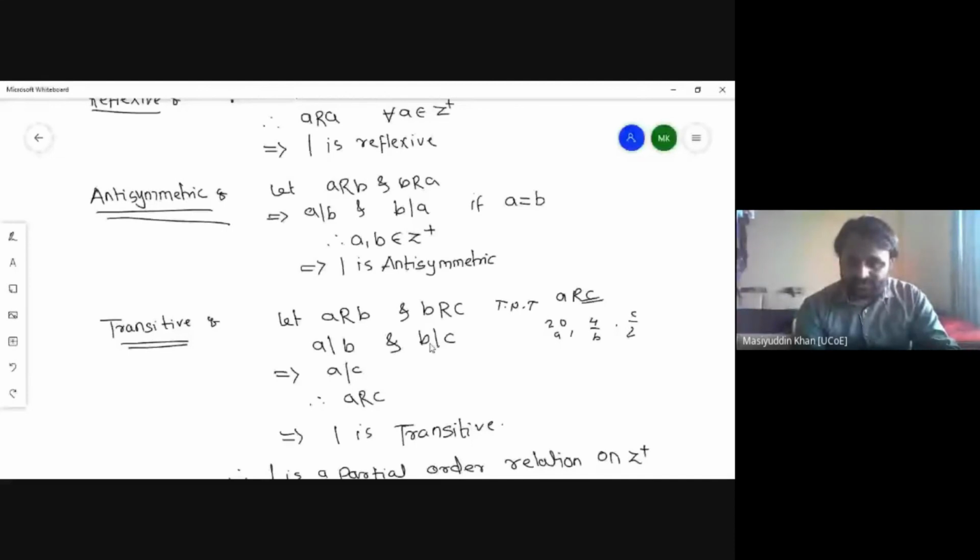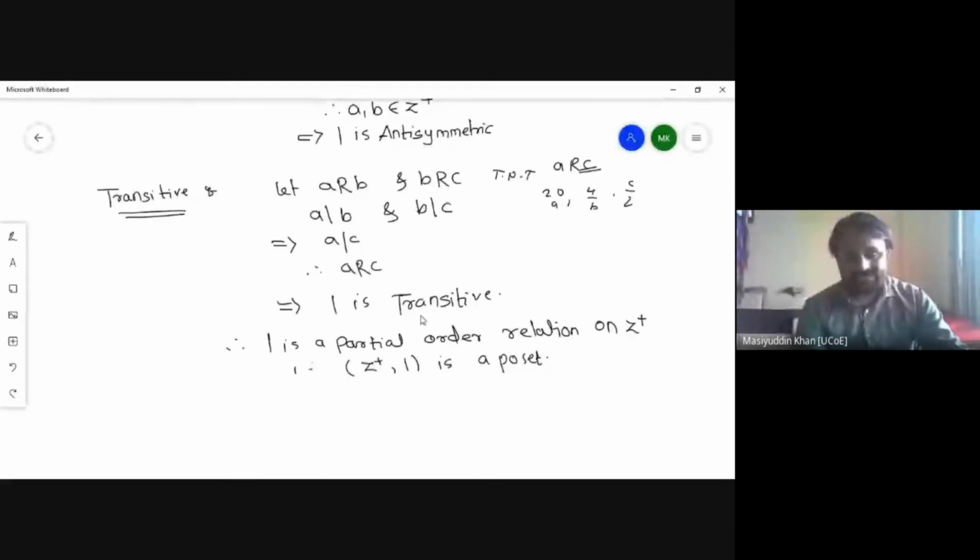If these are possible, then 20 is also divisible by 2. Yes, a is divisible by c. Therefore a related to c is also possible here. That's why divisibility is transitive. Therefore divisibility is a partial ordered relation on Z plus, and Z plus with divisibility is a poset.